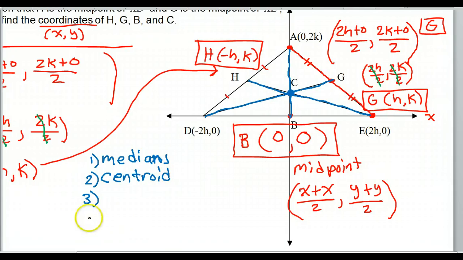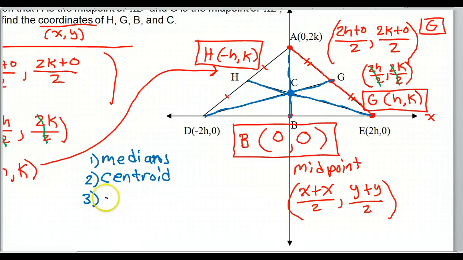Now, why am I mentioning that? Well, what are the special properties of the centroid? Remember, all these special triangle centers have properties, except for the orthocenter. But is this the one that's equidistant from the vertices? Is this the one that's equidistant from the sides? Or is this the one with the little formulas? Centroid is the one with the little formulas.